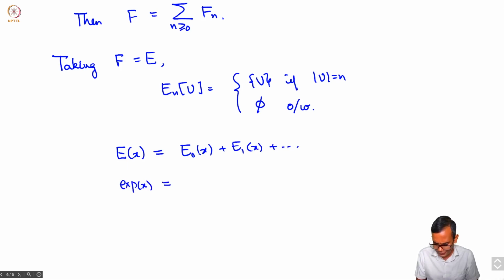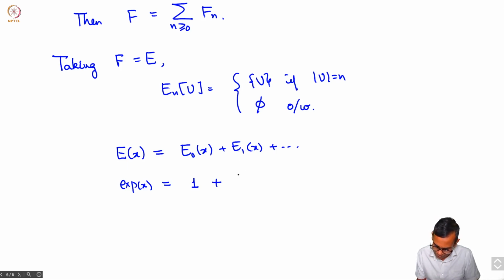Well, the generating series of E0 of x: E0 has only one structure, on a set of size 0, so that's 1. There's only one E0 structure on a set of size 0 and no E0 structures on larger sets. There's only one E1 structure on a set of size 1 and there are no E1 structures on any other sets.